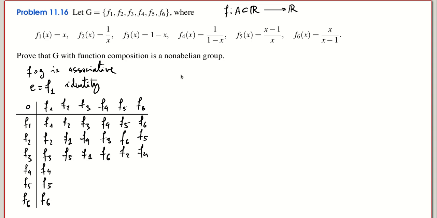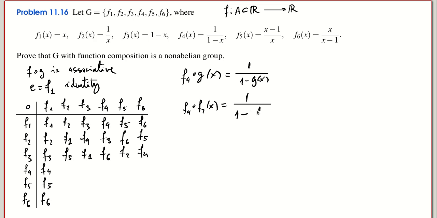So the next one is f4. Let's see what f4 composed with g makes. f4 is equal to this, so what we have to do is this operation with any function. Let's begin with f2. This is 1 over 1 minus, and then f2 is 1 over x.